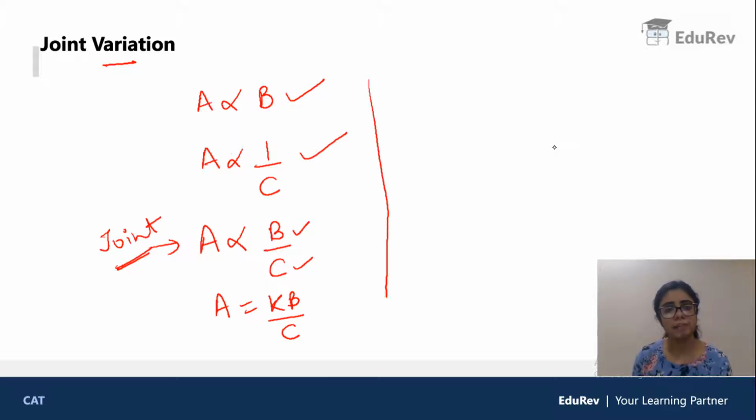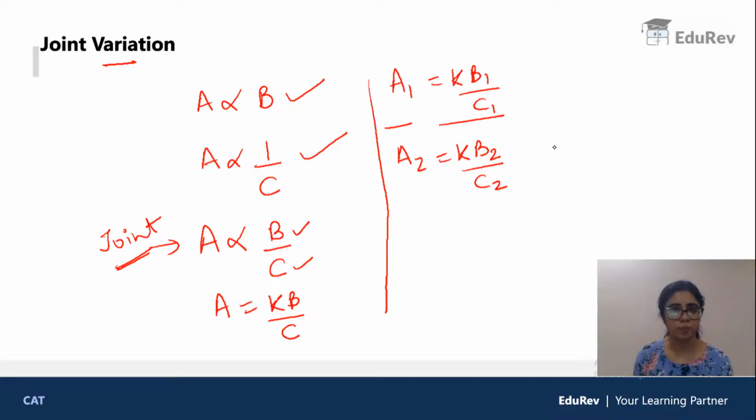Now again, like the previous cases, if I give you certain values, let's say A1 is equal to K B1 upon C1. Similarly, A2 is equal to K B2 upon C2. What do we do? We divide the two. So your K will get cancelled, C2 will go above and B2 will get multiplied with C1.